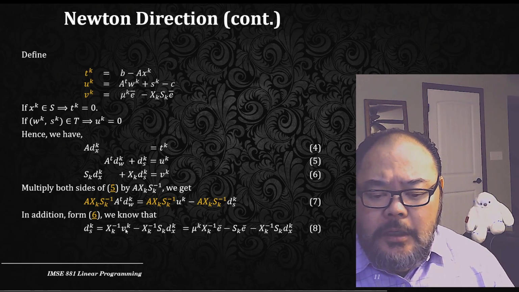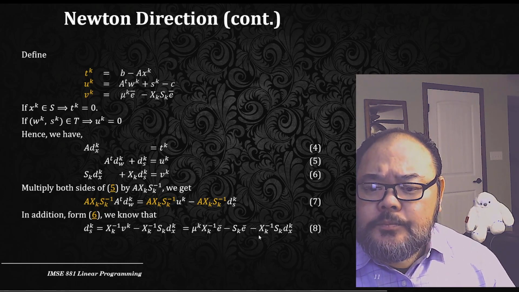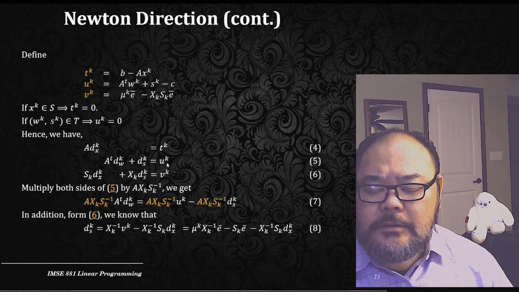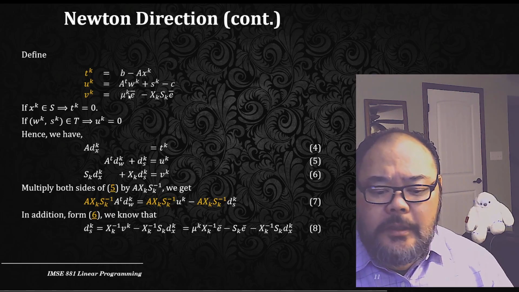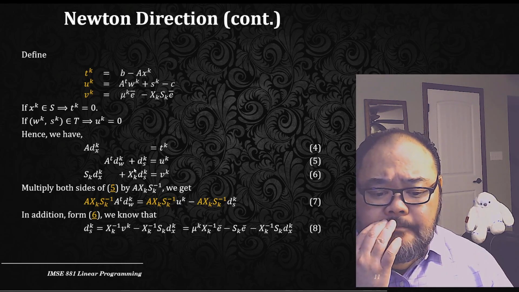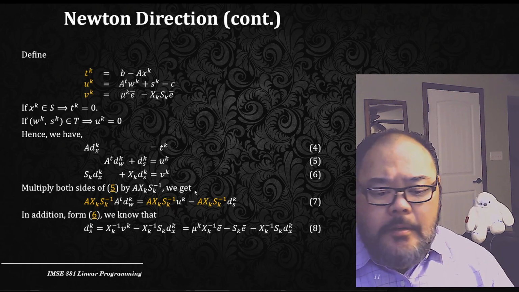Expanding the vk, that's what it is. So vk times Xk inverse, and this part will be Sk times e, that's this part. And this part is mu times Xk inverse times e, and that's this part. And finally, this part is directly from equation 6.